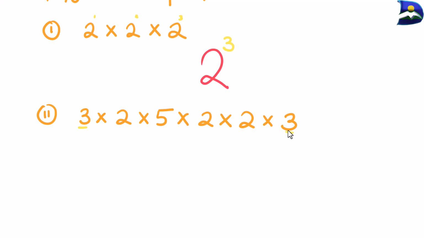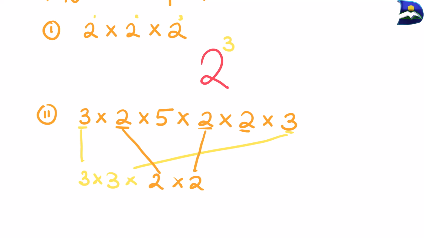So I can write this together as 3 times 3, and then multiplied by how many 2's do I have here? I have 1, 2, 3, so that means it's going to be times 2 times 2, which is this one, times 2, which is this over here.